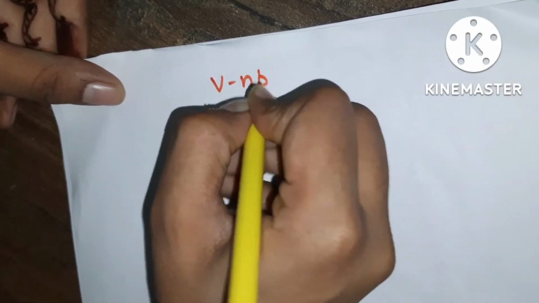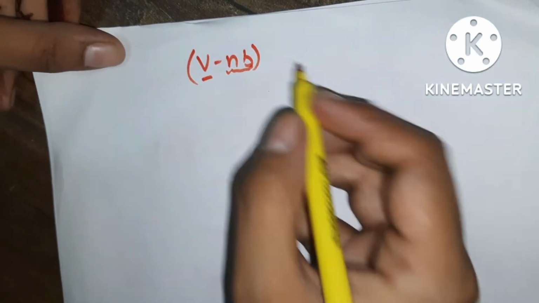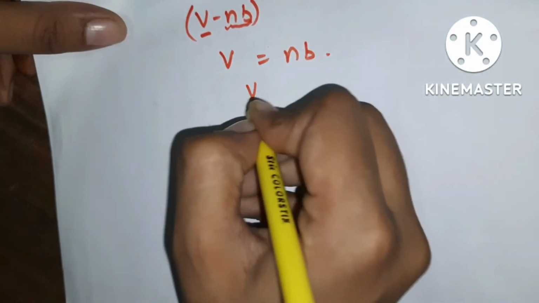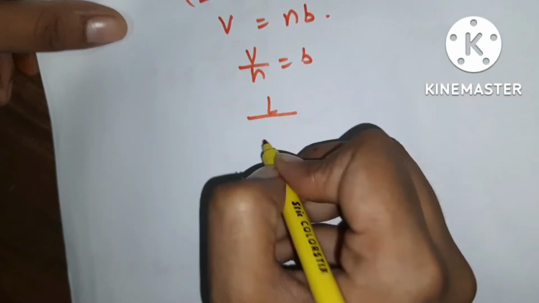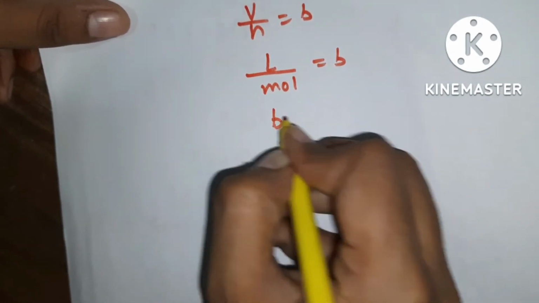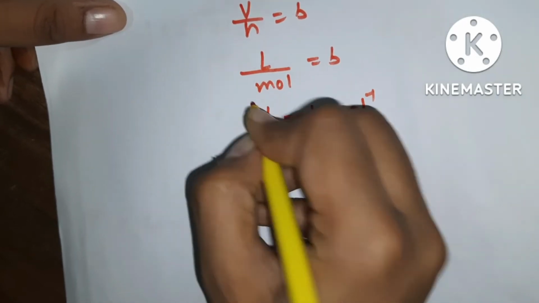V minus nb is a volume, so this whole term is also volume. V is equal to nb, or V by n is equal to b. V is liter, n is mole, so the unit of b is liter per mole.